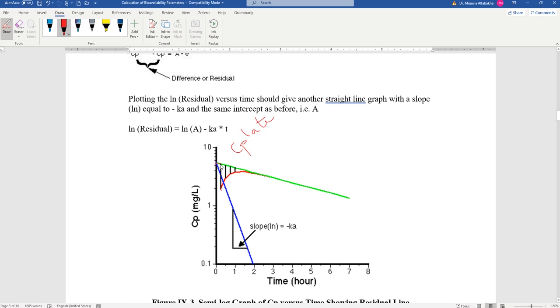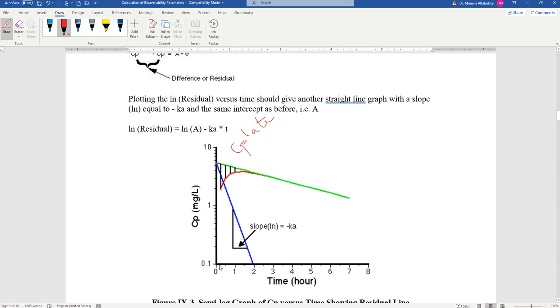But how can I read this one? You have to go horizontal line and read it directly from the scale. Okay, for example, here this is 1, 2, 3, 4, 5. Let's say it's 5.3 مثلا, for example. But what about this one? Let's say it is 2, فبصير عندنا 5.3 minus 2, and that is your residual.